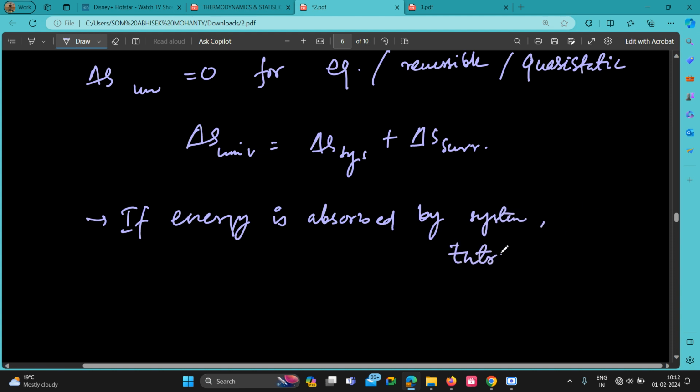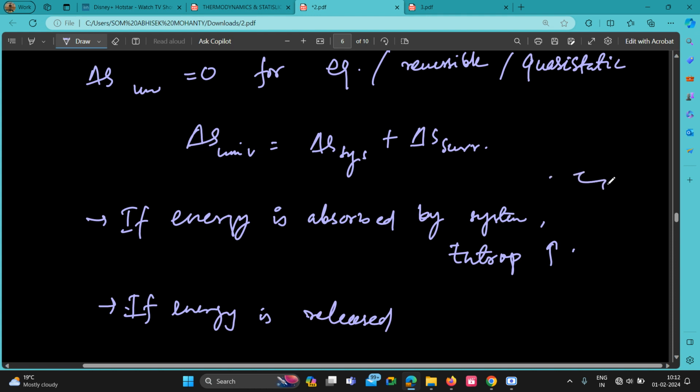If energy is expelled or released, see, the more energy is absorbed, the more the particles will have motion, and that will increase the entropy. Released by system, entropy decreases.